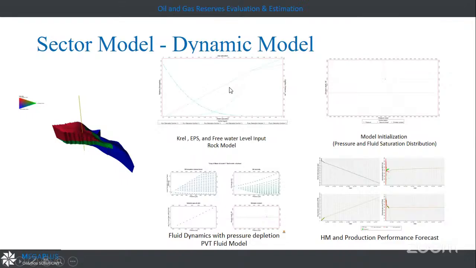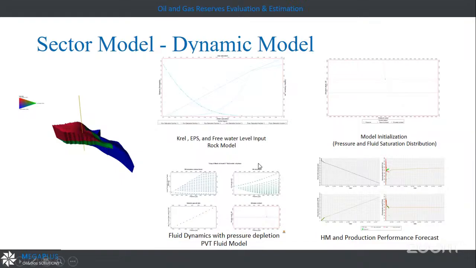The input data will be, first, I have to put in the model the pressure at a certain datum, and the saturation above the free water level and below the water level, and give it the capillary pressure and the relative permeability, so the model can distribute the initial condition, the saturation.